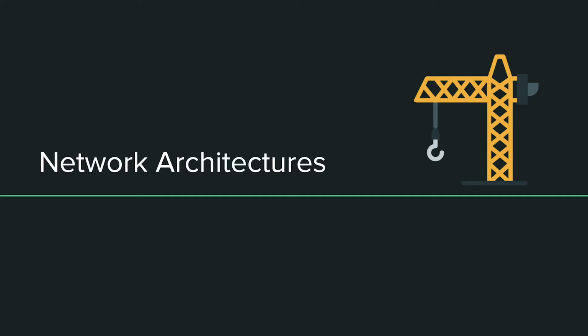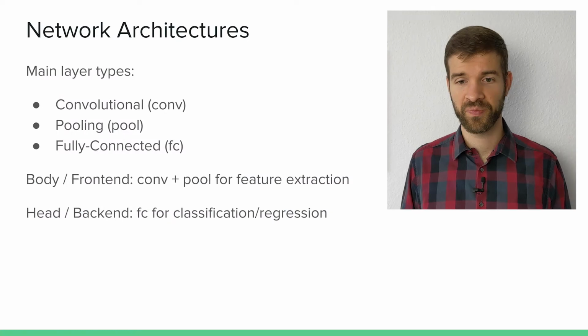Talking about neural networks, we've seen the convolutional layer, we've talked about the pooling layer, and about the activation function that we should put at the end. So let's put all of these things together to create an actual network. There are tons of different architectures, and each one of them might have certain benefits or drawbacks.